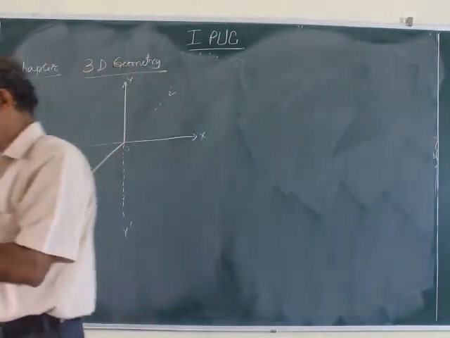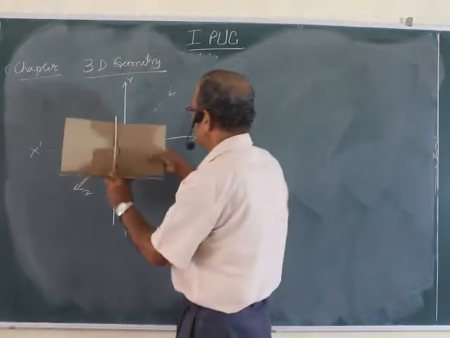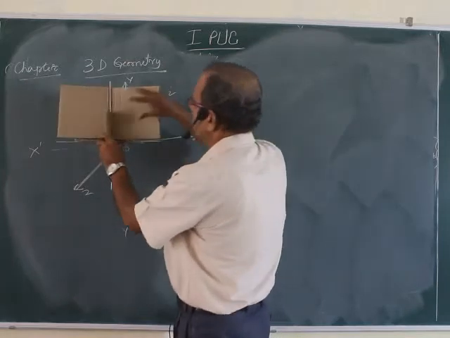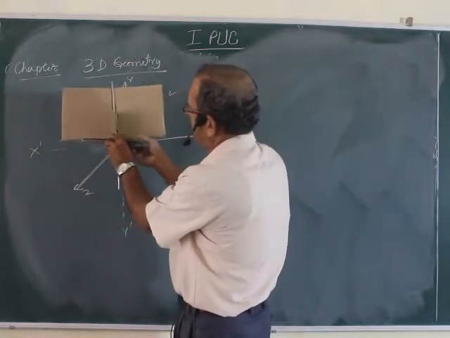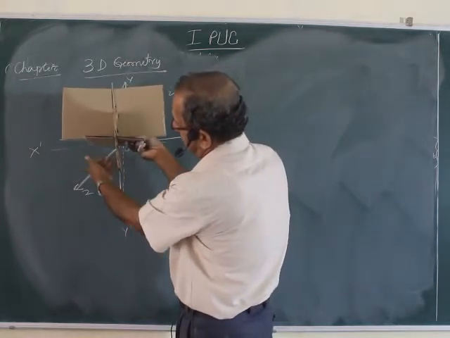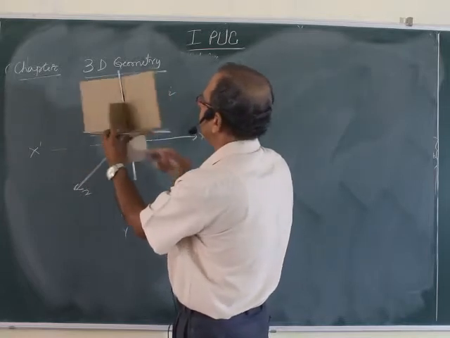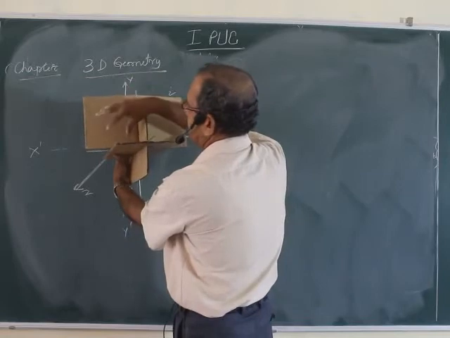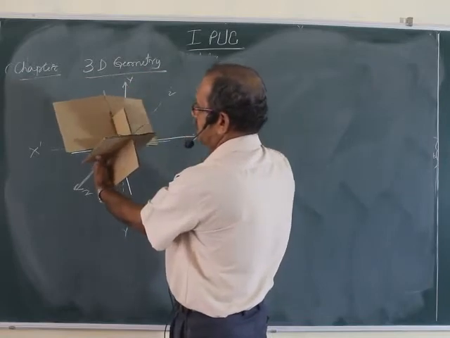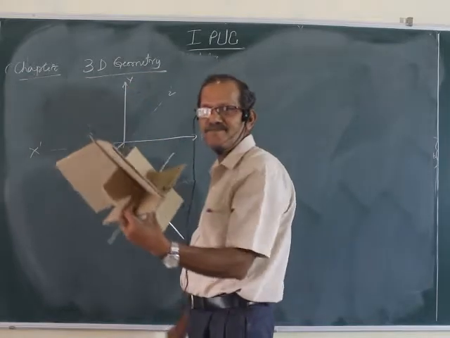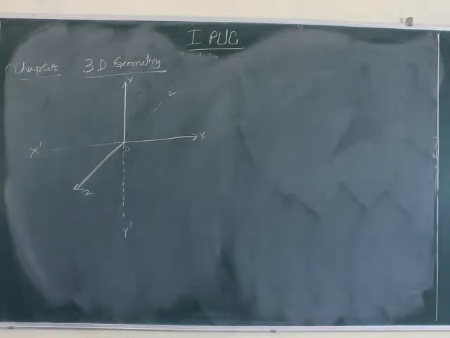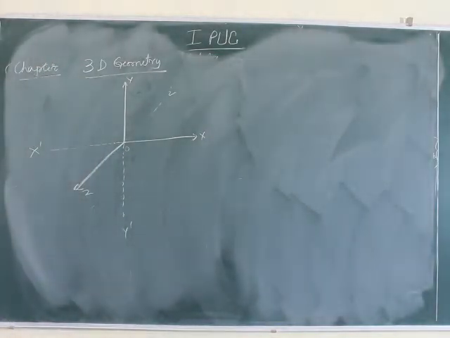Third and fourth quadrant, leave it. See, first, second, similarly third, actually I have not drawn here, fourth, and back side, see again back side, 5, 6, 7, 8. How it looks nice. Let me see that. Is it possible for me to show it correctly?